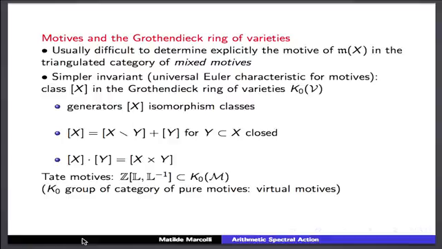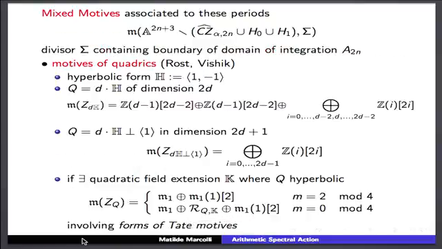So it has the same formal properties of an Euler characteristic, and in that sense it is thought of as an Euler characteristic of motives. And if one looks at the motives that come up in these spectral action calculations, so we have these complements of these quadrics and hyperplanes, relative to some divisor that contains the boundary of the domain of integration. So basically, one has to describe what the motives of these objects are.